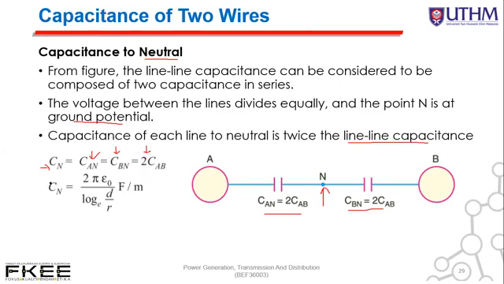So if we convert, we get capacitance to neutral, which is 2 pi epsilon naught over log d over R per meter.